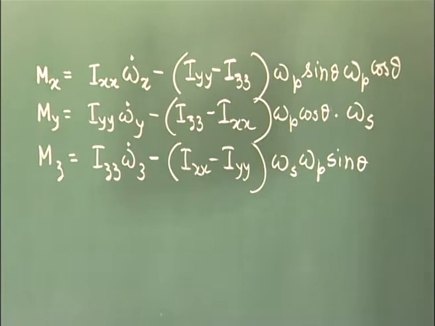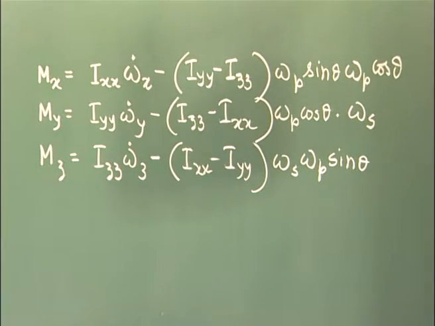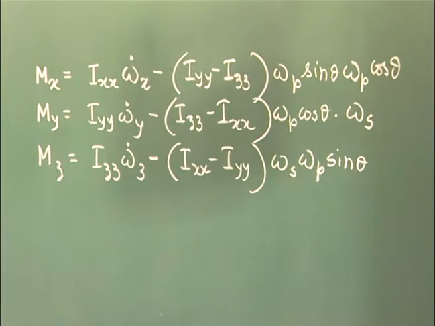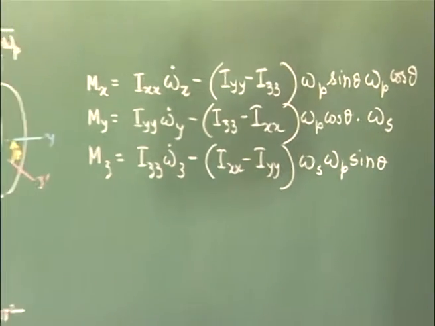So, this is the set of equations that will relate the applied moment components along with the acceleration and other quantities. Now, omega x is omega s, which is constant, that we have to keep in mind.